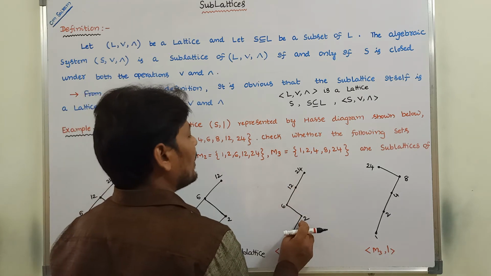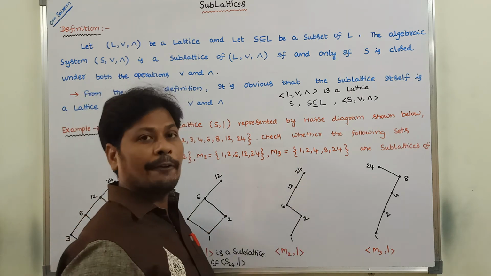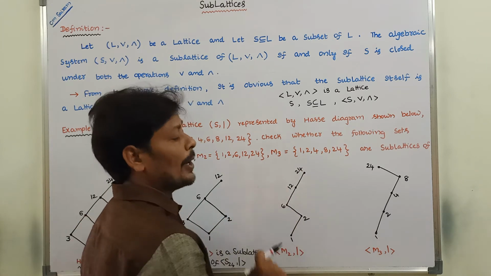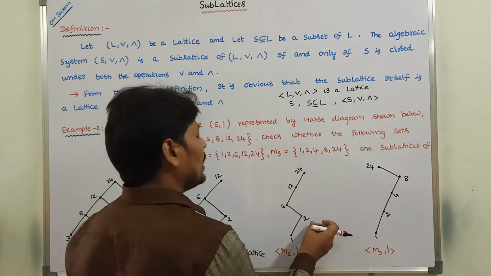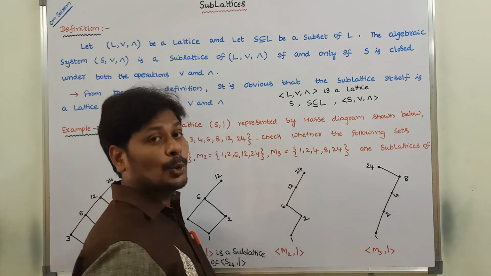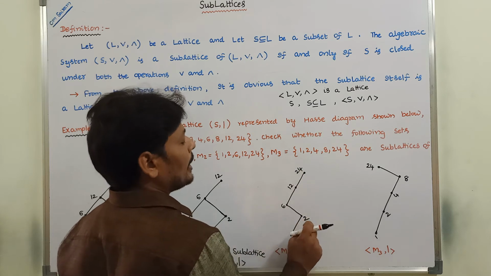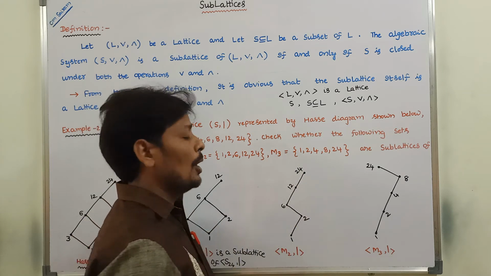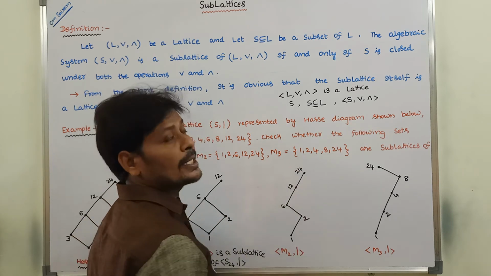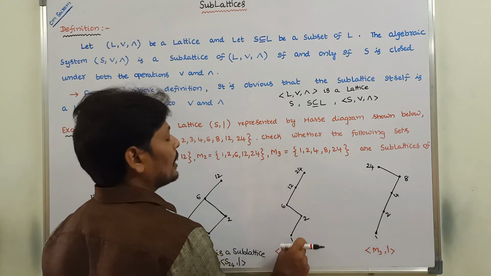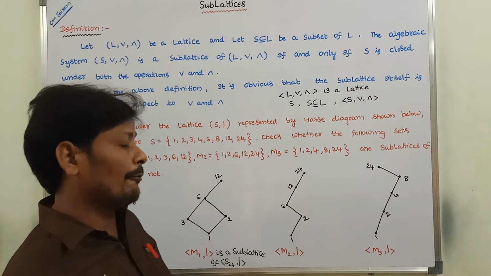Pair 6 and 24: least upper bound is 24, greatest lower bound is 6. Pair 2 and 24: least upper bound is 24, greatest lower bound is 2. Pair 1 and 24: least upper bound is 24, greatest lower bound is 1.